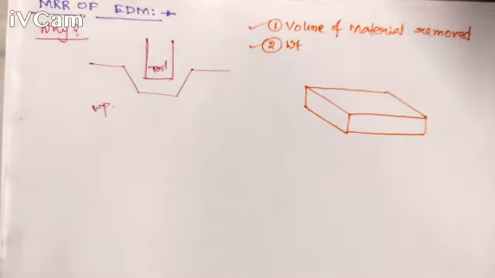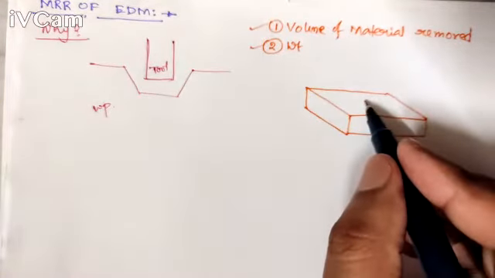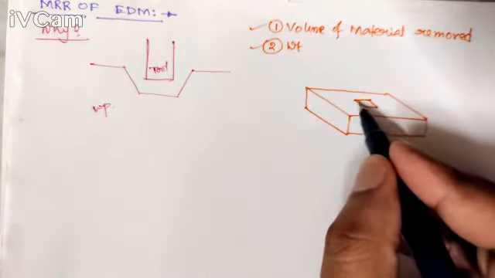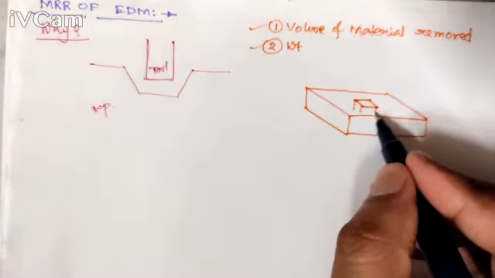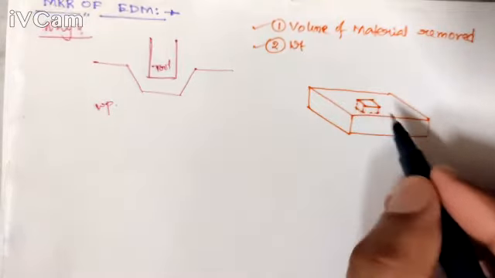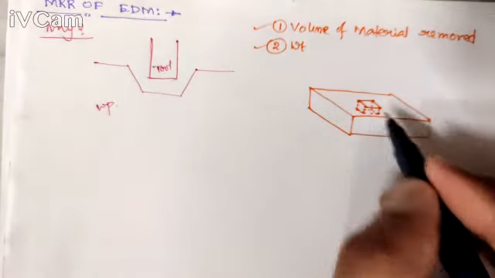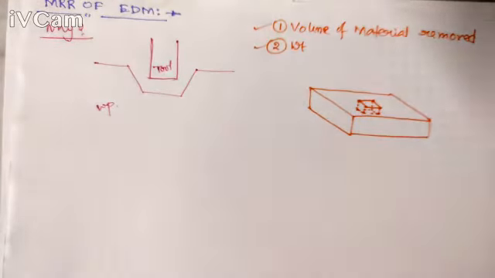You have got this workpiece, and here you are going to make a square or rectangular hole, and you have been given all the dimensions. Now, is it possible for you to compute the volume of the material removed from the workpiece? Is it possible?